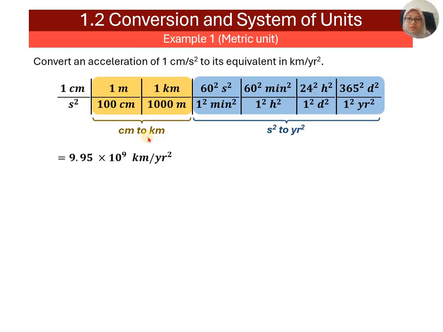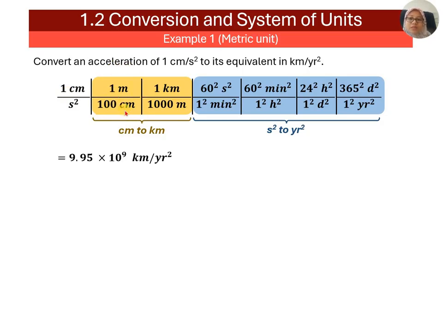So use the same method, the vertical line method, as we did in the previous slide, and you have to do one unit first and then continue to the other unit conversion. So the first unit, you can target to change centimeter to kilometer first. So use the conversion factor.